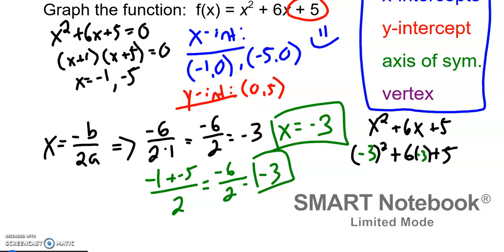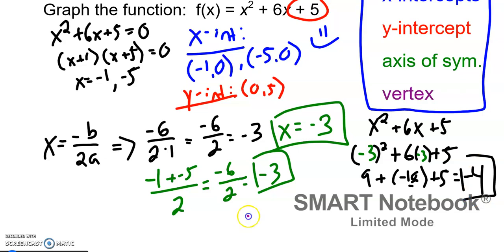And we can simplify down, we get 9 plus -18 plus 5, and then we get 9 plus -18 is -9, -9 plus 5 is equal to -4, which means that my vertex, and I'll write it down here, is going to be -3, -4.